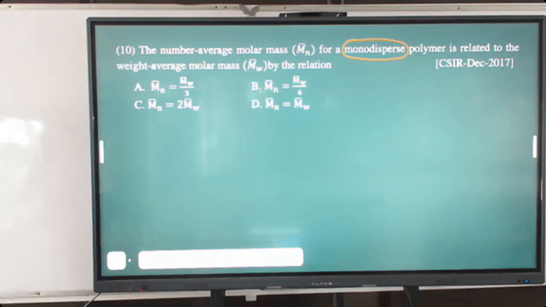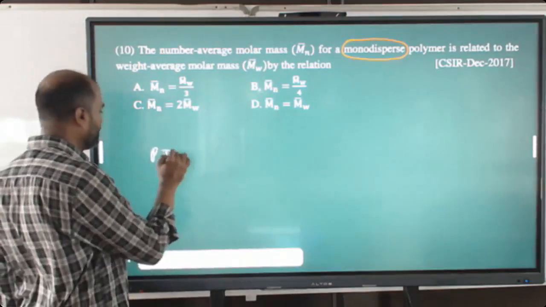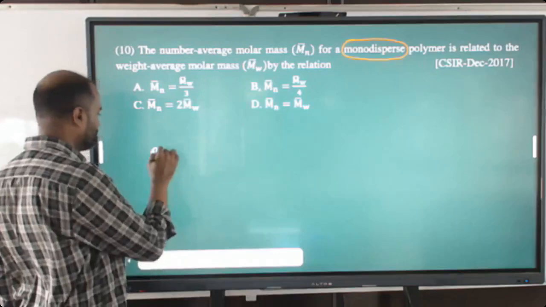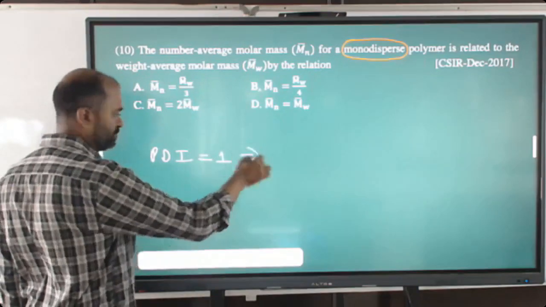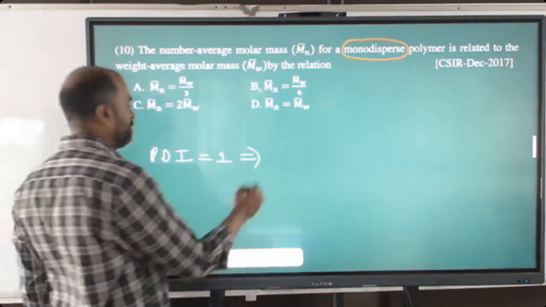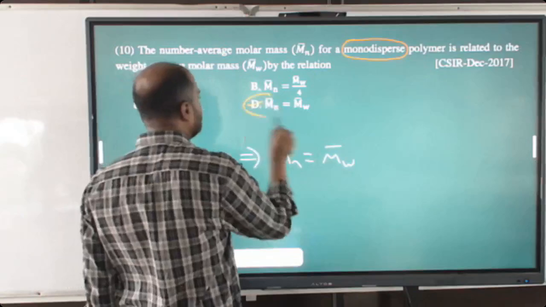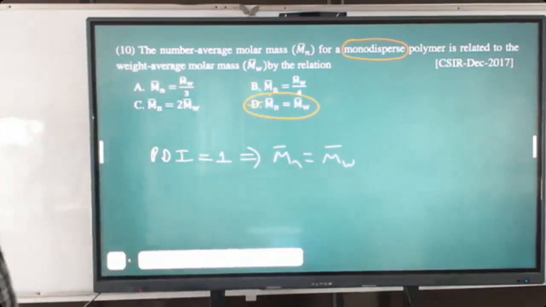Definitely, monodispersed means PDI is equal to 1. And what is the relation between number average and weight average? That's Mn equal to Mw. Option D. The number average molar mass is equal to weight average molar mass. Option D, Mn is equal to Mw.